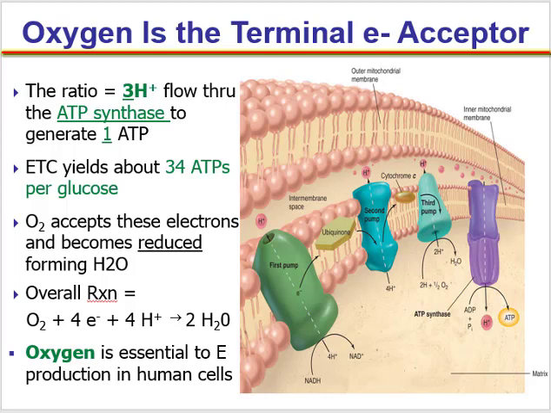Oxygen is going to be the terminal electron acceptor. So without oxygen, this process does not work. Oxygen will get reduced to become water. When oxygen is not present due to a deficient amount of oxygen, usually during heavy work in the body, lactic acid tends to accumulate.